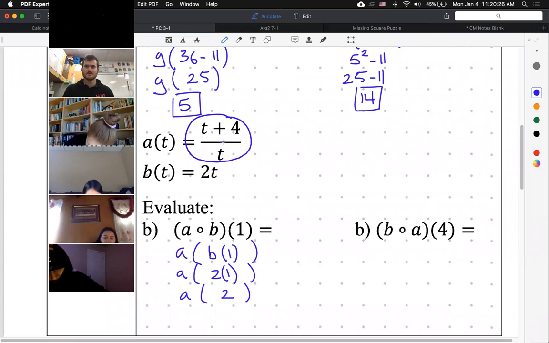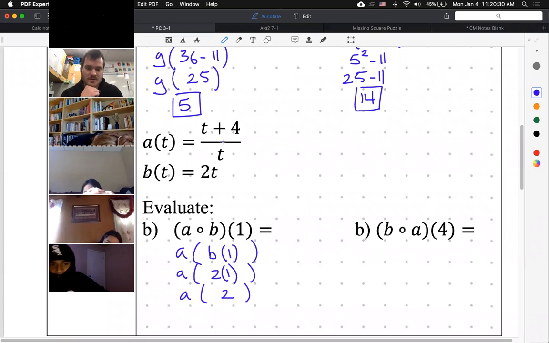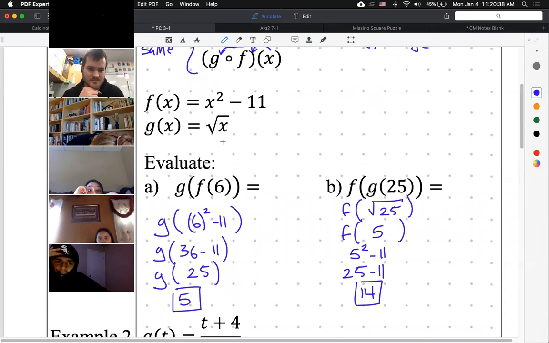No, I'm lost. Okay, what are you lost on? Well, kind of the whole thing. So, for example, you go off the f, so it's like f of x equals x squared minus 11, that thing. Yep. So you multiply that with the 6, with the g, f, and 6.